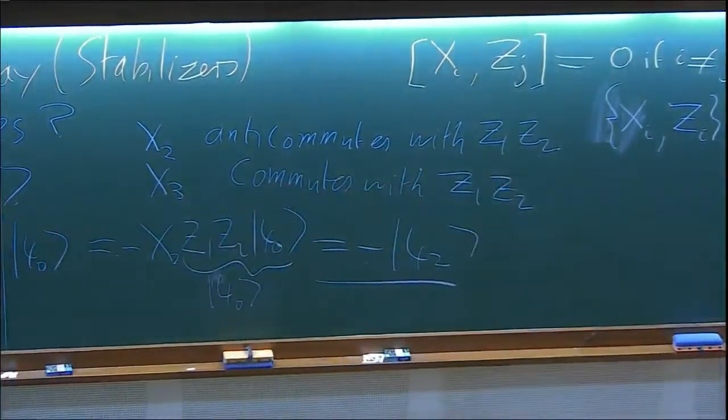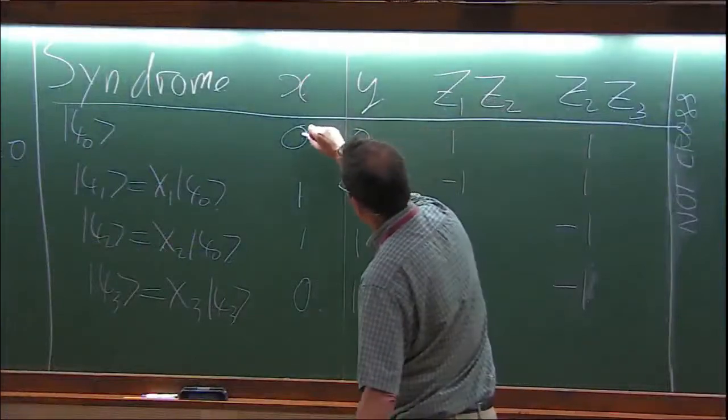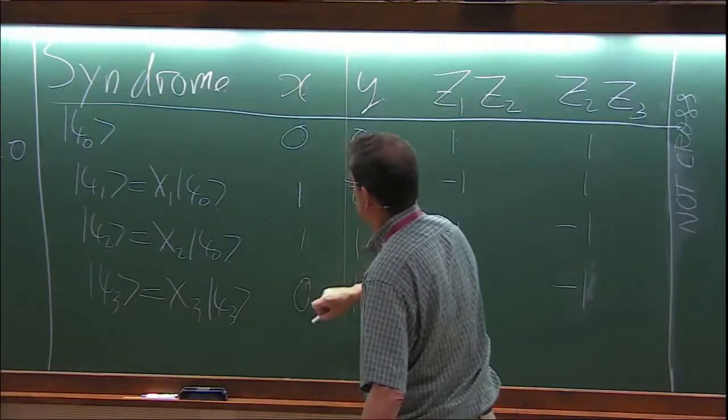Okay, so Z1Z2, Z2Z3 are called stabilizers. And if you look at these eigenvalues, Z1Z2 corresponds to the X values here.